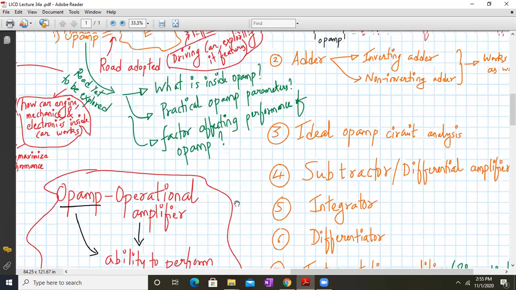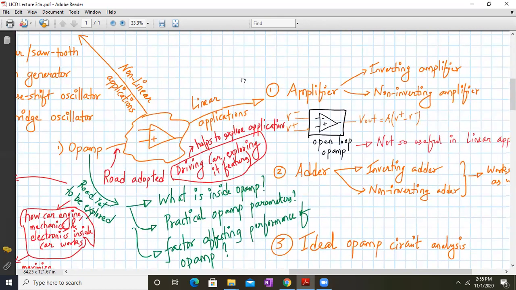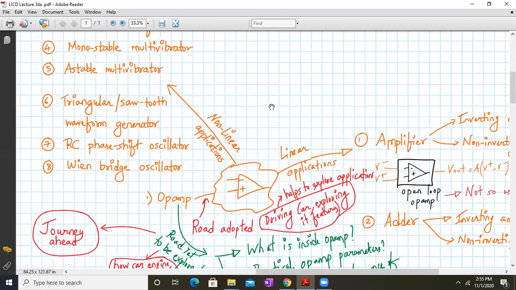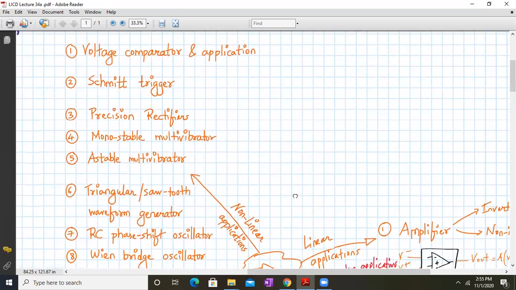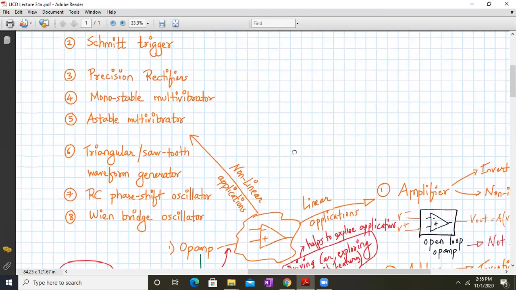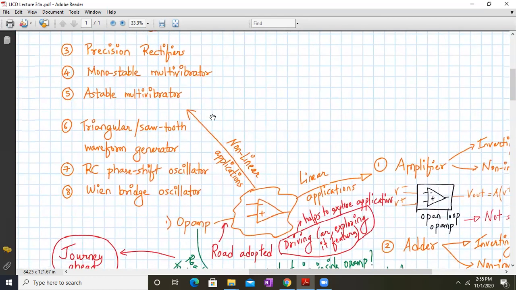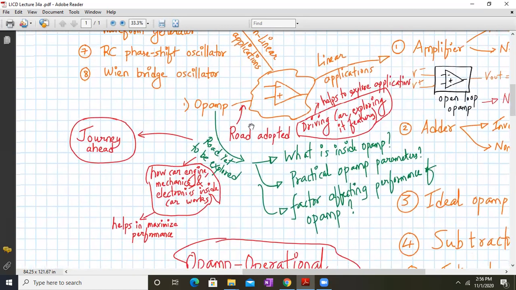These are a few linear applications of the op-amp which we have built on the analysis of ideal op-amp properties. Some of the non-linear applications are voltage comparator, Schmitt trigger, precision rectifier, monostable multivibrator, astable multivibrator, triangular and sawtooth waveform generator, RC phase shift and Wien bridge oscillator. So these are some of the non-linear applications which we have discussed. So this was the road adopted so far.